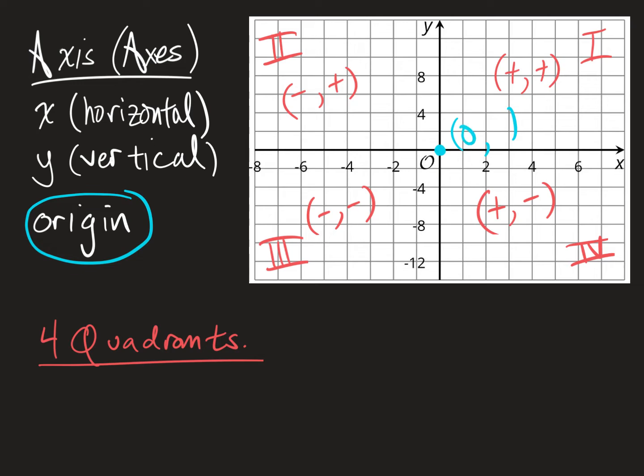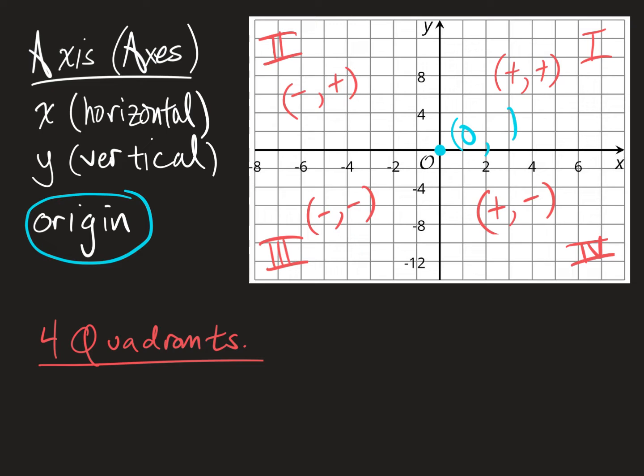And if you look at the second coordinate here, we have positive coordinates above the x-axis, and we have negative coordinates below the x-axis. So the second coordinate here, we did not move above, so the second coordinate cannot be positive. We did not move below the x-axis, so it cannot be negative.